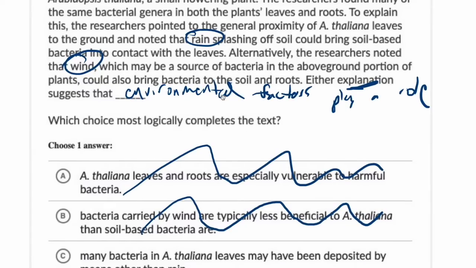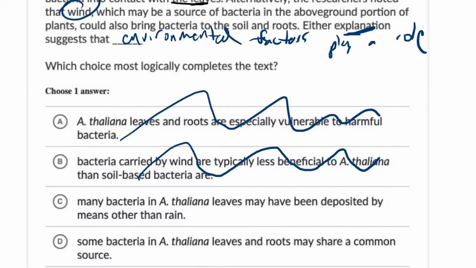We go back and look at it, and it says here that the rain splashing off the soil could bring soil-based bacteria in contact with the leaves, meaning that there would be a common source, namely stuff that was already in the soil is now coming in contact with the leaves. They're coming from the same place.